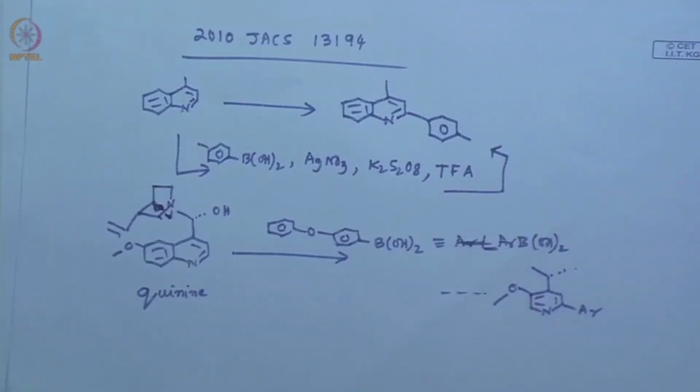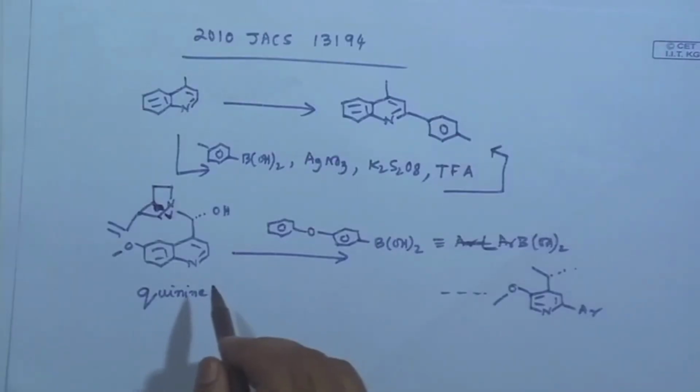Why is it so important? Why did I choose this example? Especially when you are trying to do biochemistry or any other advanced chemistry, you have to look for reagents which are very selective. When I say selective, the selectivity falls under 3 different categories: regio, chemo, and stereo.